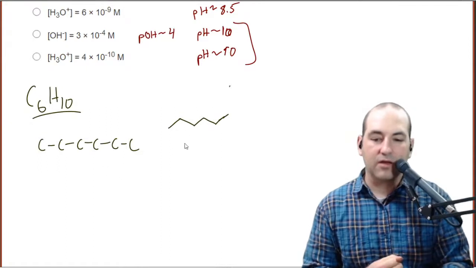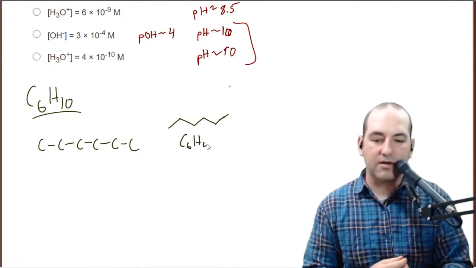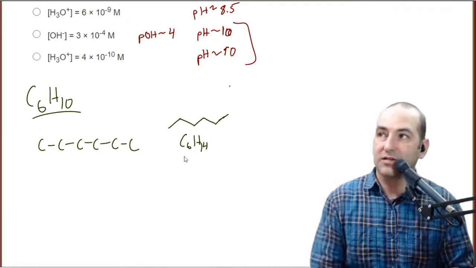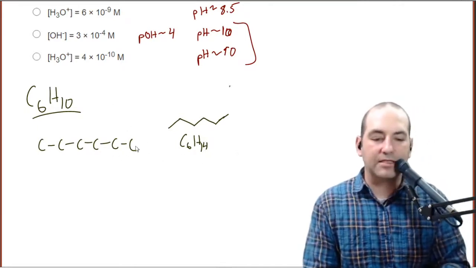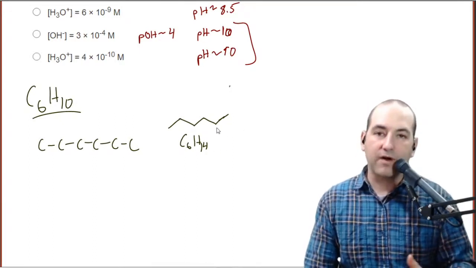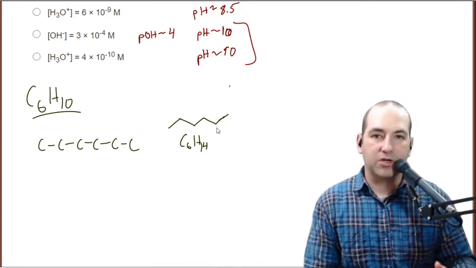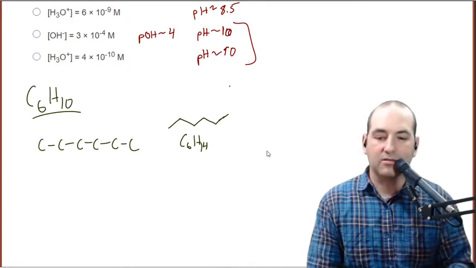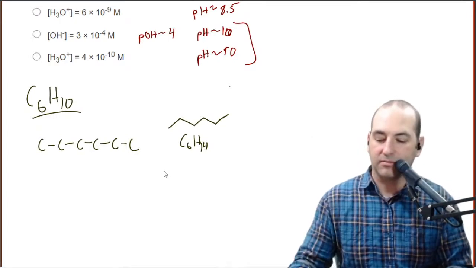So this is C6H14. And so how do we find C6H10? I've talked to a couple of you over the last couple of days about this, and you came up with some solutions. How do you remove hydrogens from a structure without violating the rules about how many bonds carbon can have, for example?